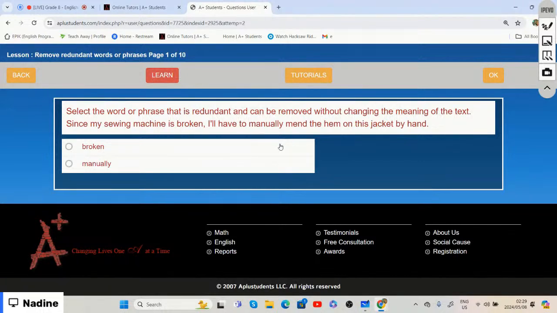But once you do that, it just becomes wordy and eventually you are repeating. So, since my sewing machine is broken, I'll have to manually mend the hem on this jacket by hand.